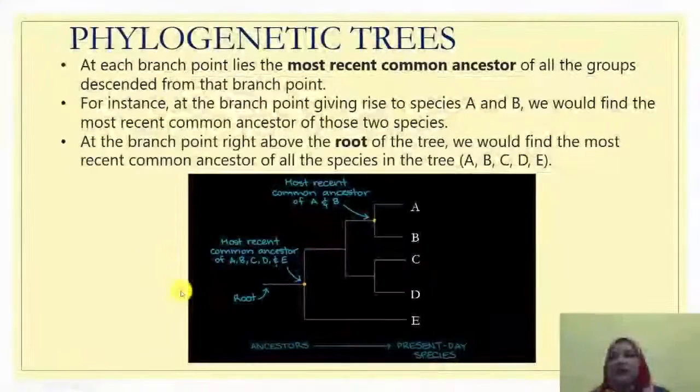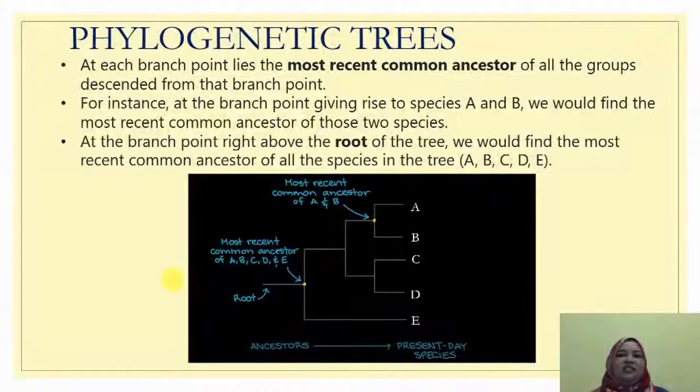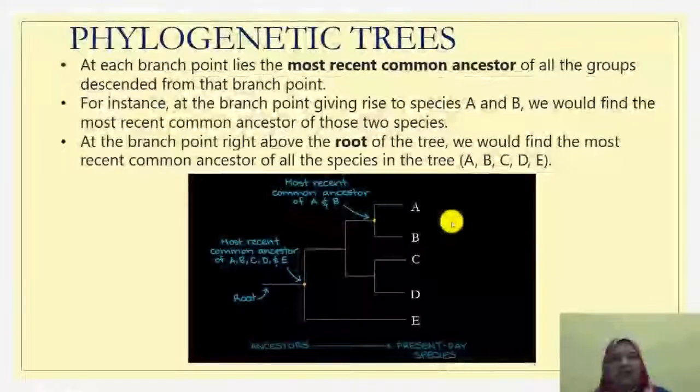Important also in our evolution are phylogenetic trees. Now this is a very simple phylogenetic tree. A phylogenetic tree shows you the ancestry of a group of descendants from a branch point. Where the point branches, that is where the common ancestor lies.